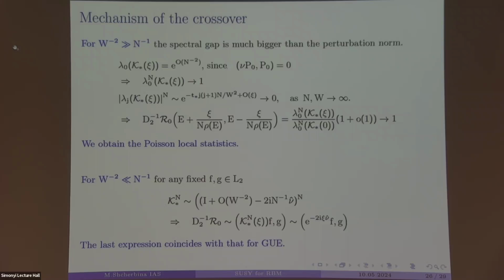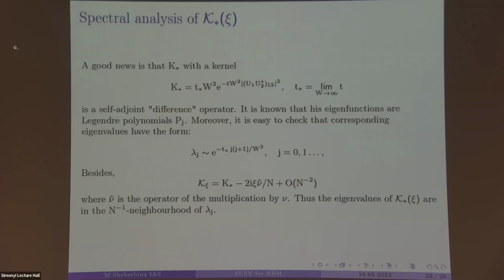And now, what is the mechanism of crossover for W minus 2? The main point is that the eigenvalues are like this.